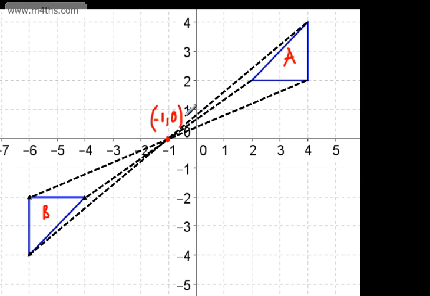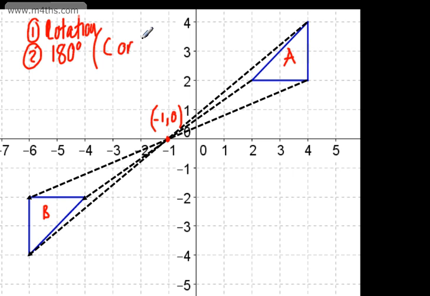So we need to state fully a single transformation that maps shape A to B. So I'm going to write down that it's a rotation, so we need to state the type. We're going to state that it has an angle of rotation, and that is going to be 180 degrees, and we can just put that it can be either clockwise or anti-clockwise. I'd write the whole words here, clockwise or anti-clockwise, as we've seen.